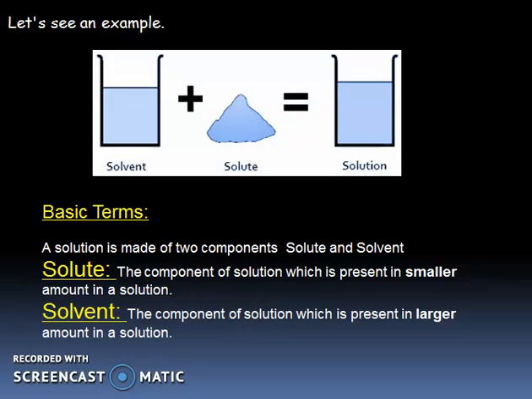For example, in a sodium chloride solution, sodium chloride is in a little amount and water is usually taken in a larger amount. When this little amount of sodium chloride is put in the larger amount of water, it dissolves, and the resulting solution is a brine solution.